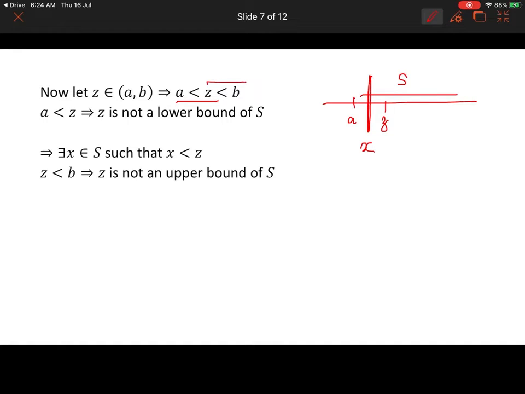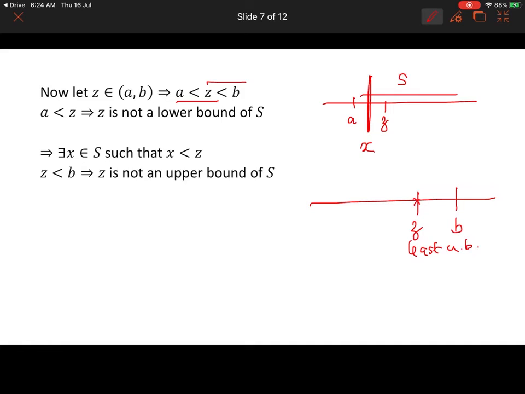Now I am taking the next part. Z is less than B. So this is B. B is the supremum of S, means this is the least upper bound. Anything less than this is not an upper bound.